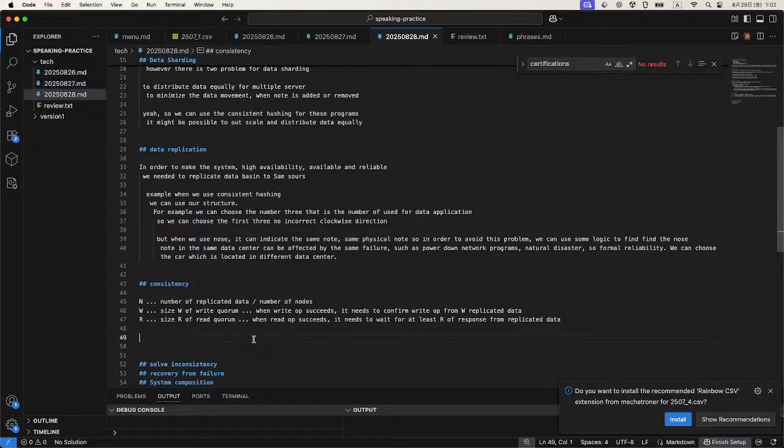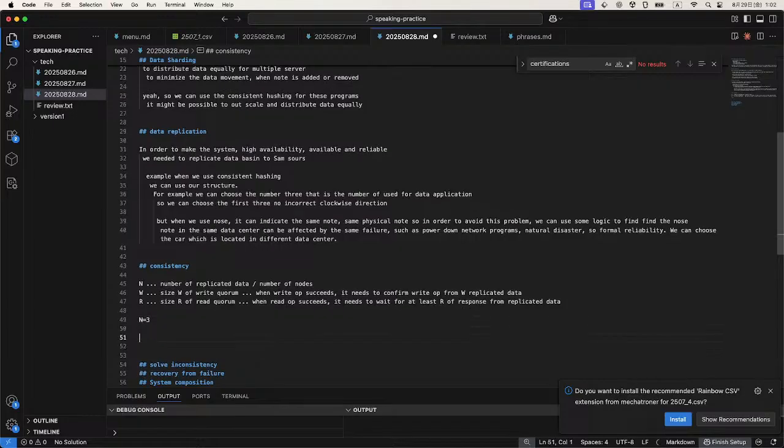Okay, so for example, N is 3. There are 3 nodes, and there is a coordinator on the ring. So the coordinator requests a write operation to each node. All right.